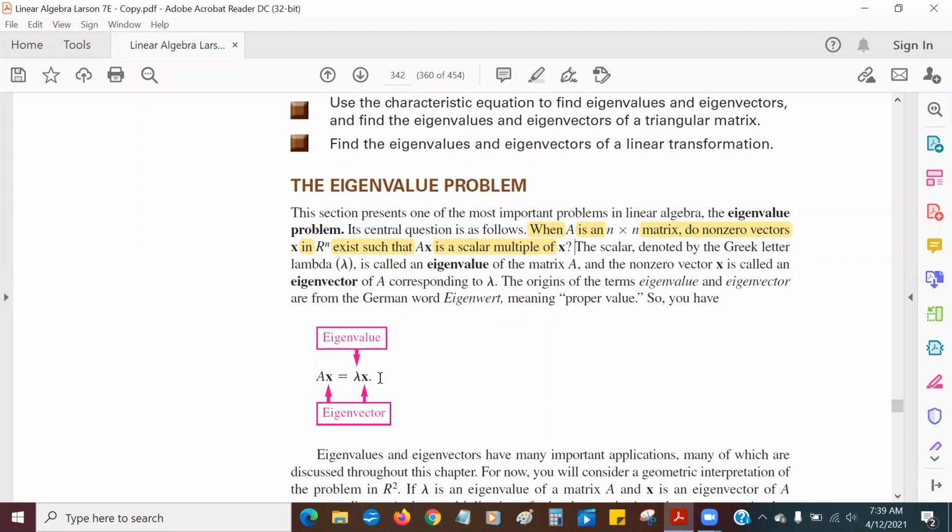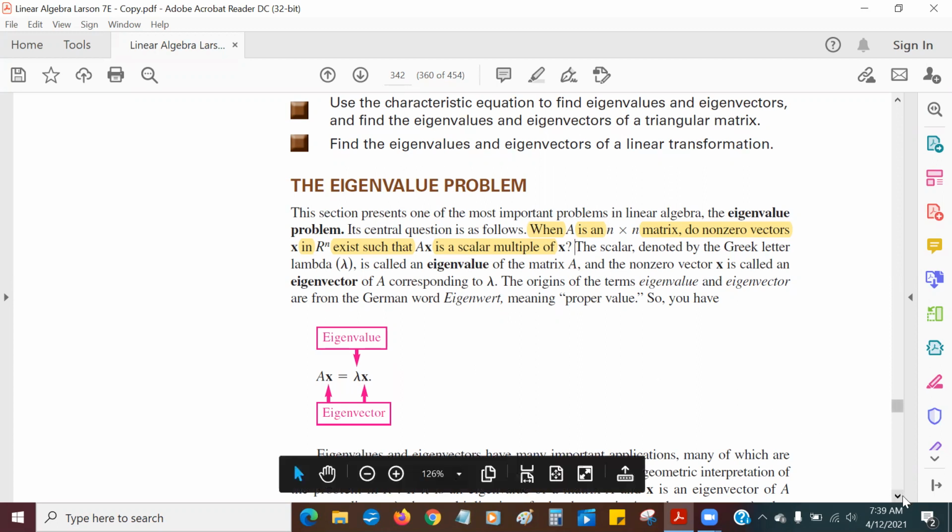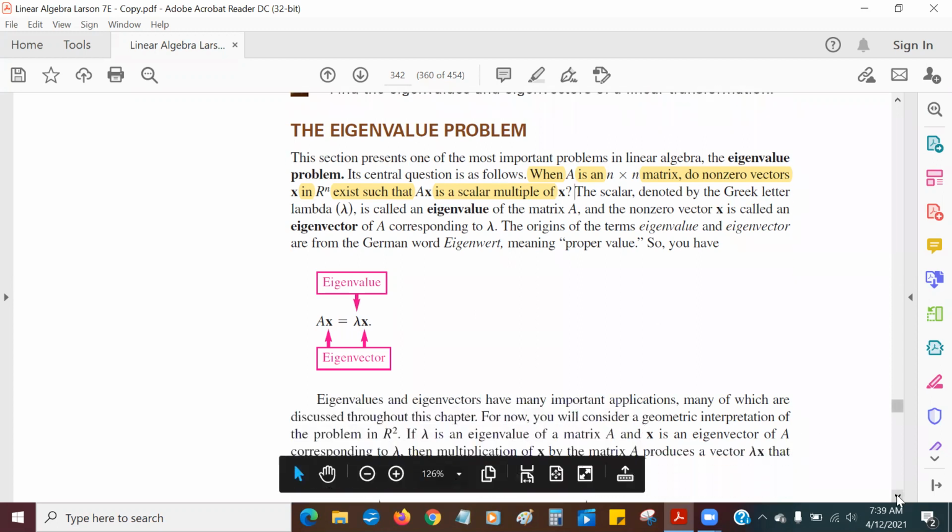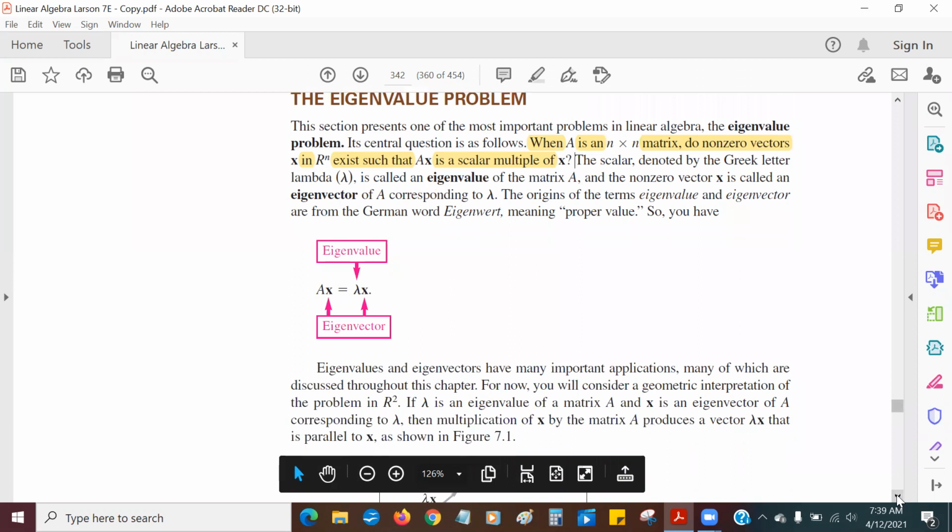Well, what scalar are we talking about? The scalar that we're talking about, we're going to call lambda. And we're going to see that there's only so many lambdas per matrix, but we'll get to that. That's really what we're going to be working on: solving for lambdas, solving for x's, finding all these things.